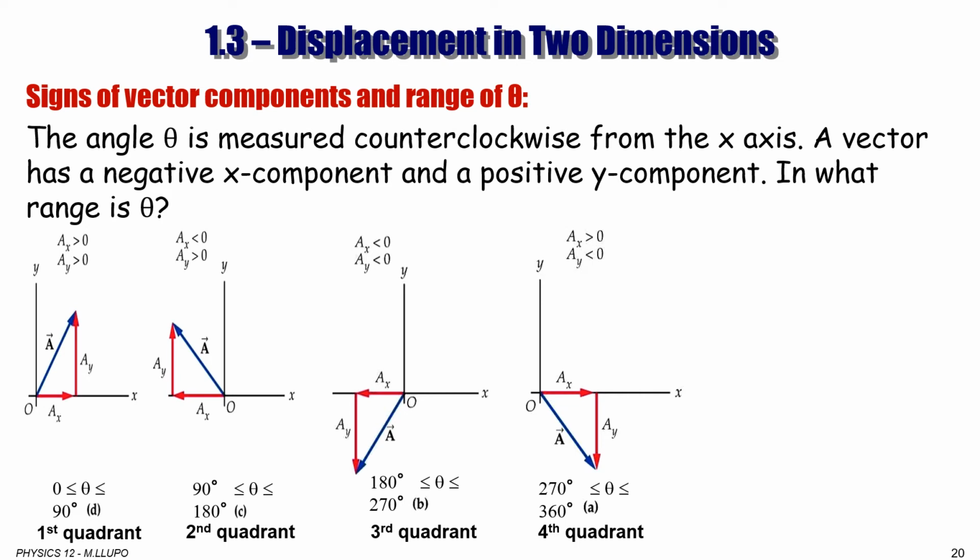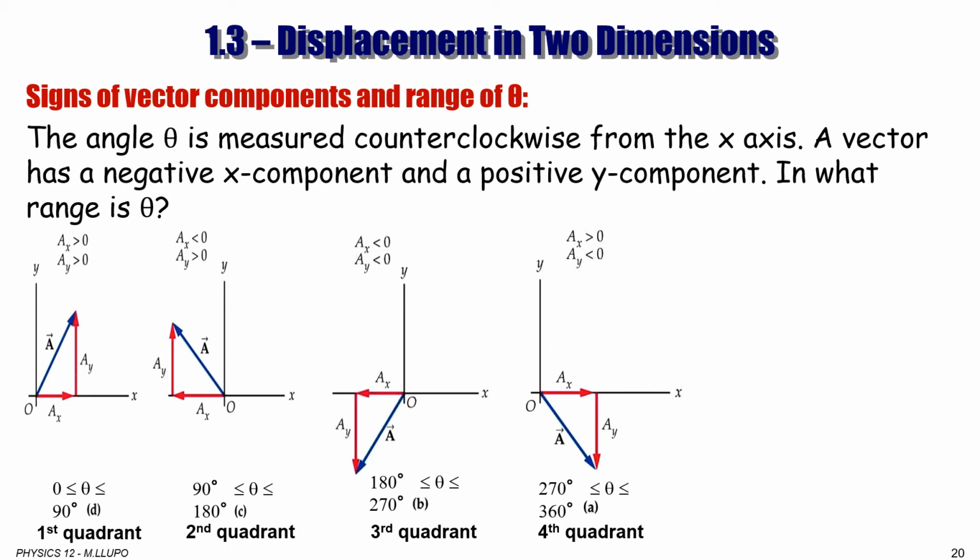Now on the first quadrant, take a look. The y-axis has positive up as traditional, and the x-axis has positive on the right. The components of vector A are positive ax and positive ay.